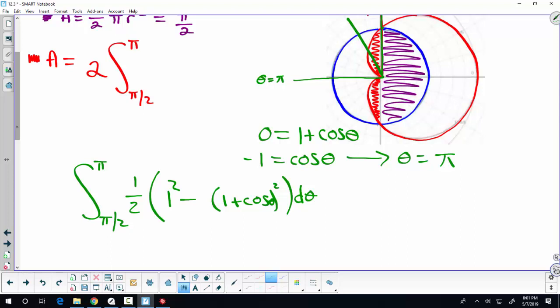Outside of the cardioid, but inside the circle, right? So when we do the outer minus the inner, we're just looking at that segment, from here to here. The whole time we're just looking at that area. So you would just get the top half of the circle, the area that's outside of the cardioid but inside of the circle.